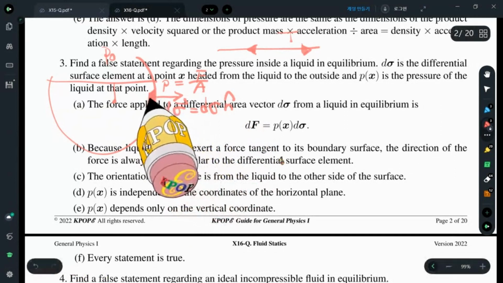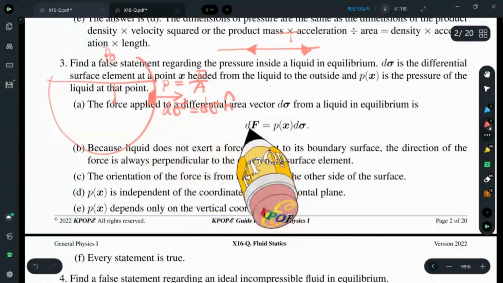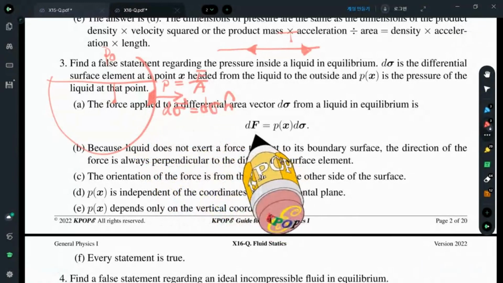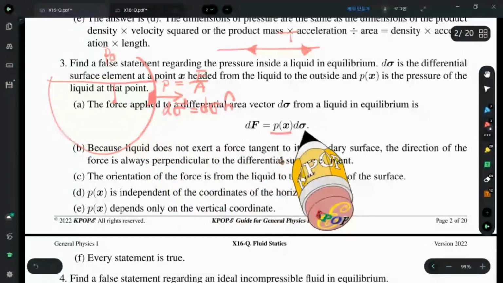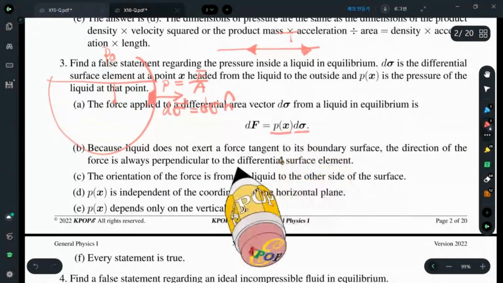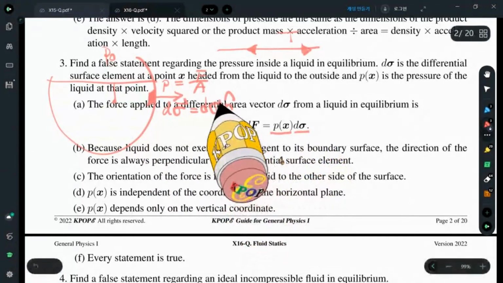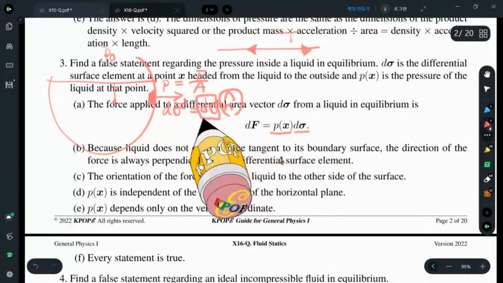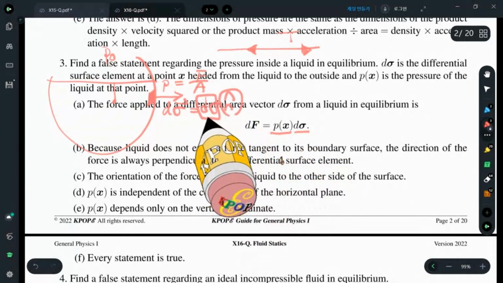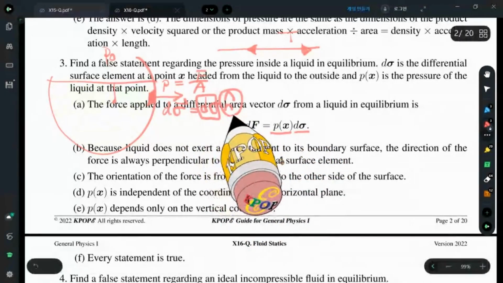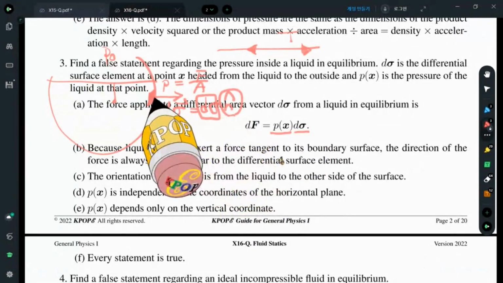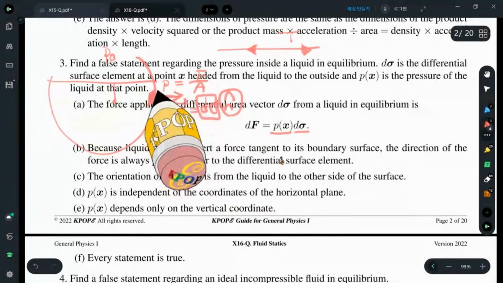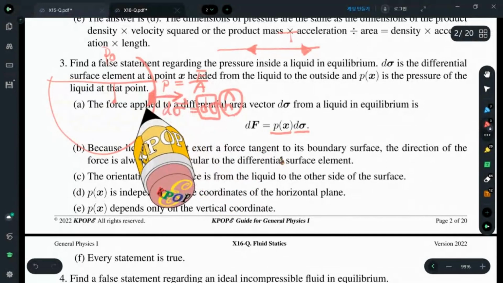Therefore, the force applied to this small patch of the container is the pressure multiplied by the area vector. Area vector has the dependence on the area itself, and it is a vector, so it is parallel to the unit vector normal to the surface.